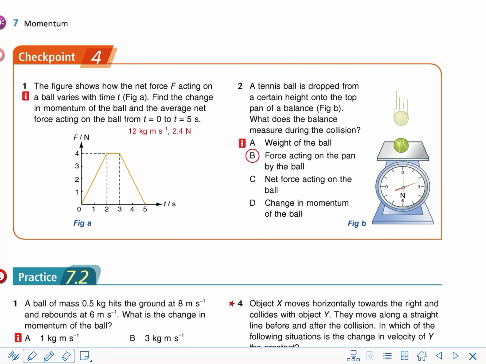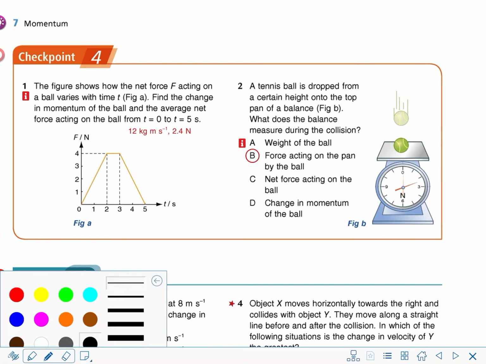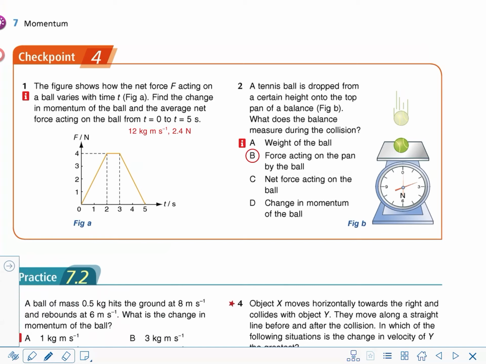And for question 2, a tennis ball drops from a certain height onto the top pan of a balance. What does the balance measure during the collision? During the collision, there will be two forces, R and also weight. Here R is not equal to weight. During the collision, R is greater than weight. R minus mg equal to mv minus mu over t.